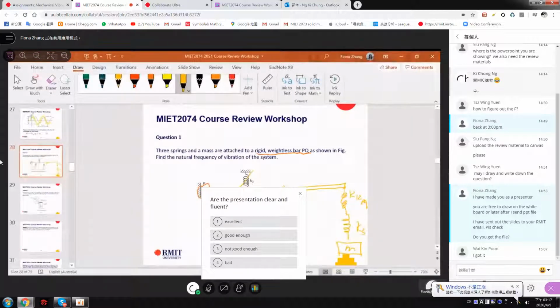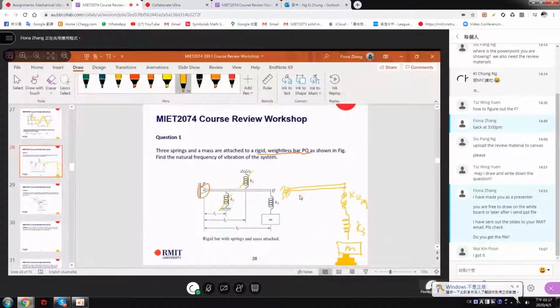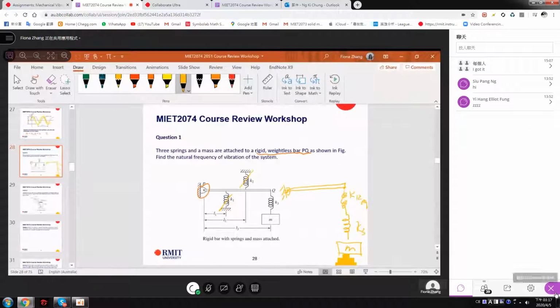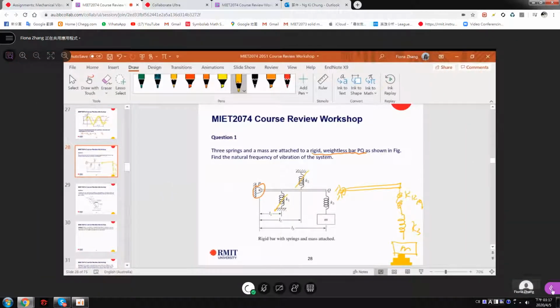We need to find an equivalent spring to replace K1 and K2 because there are two of them, which makes it a bit complex. Because there is another spring K3 and the mass, we will remodel the system like this.